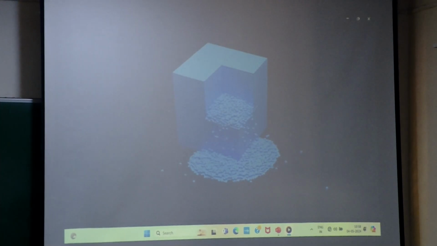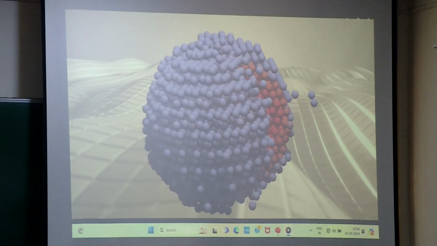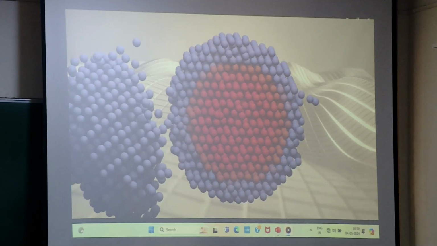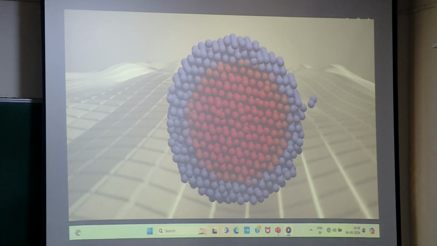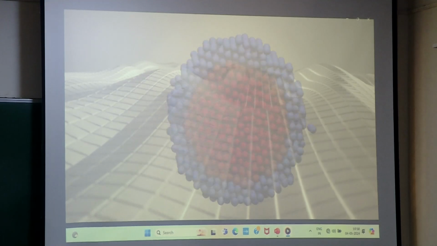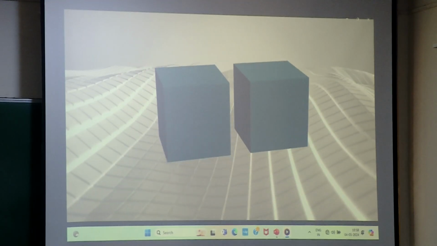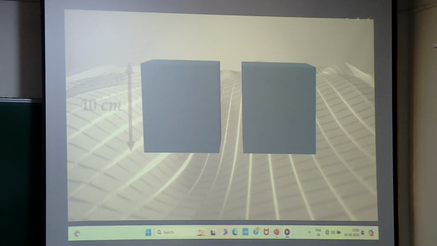You will see the surface atoms, the violet ones here, and the red ones are the bulk atoms which are inside.